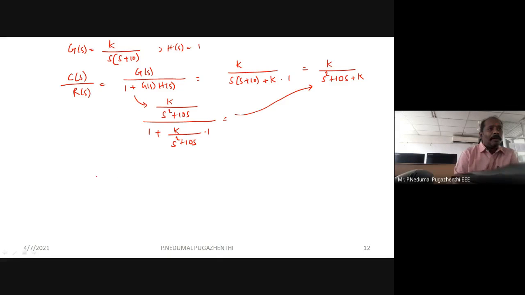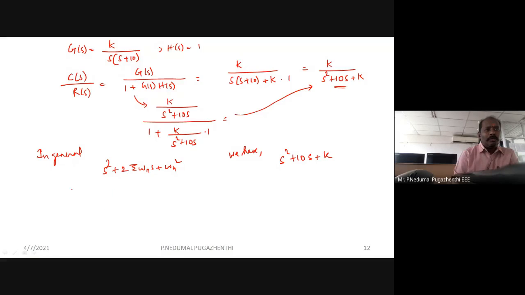In general, we already know the general form of a characteristic equation. The denominator polynomial is s squared plus 2 zeta omega n s plus omega n squared. But what we have here is s squared plus 10s plus k.